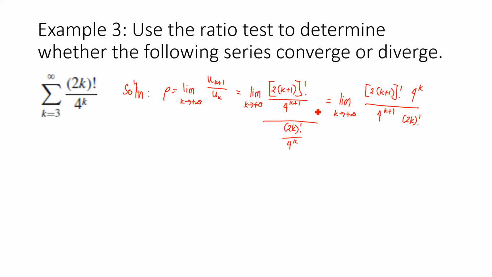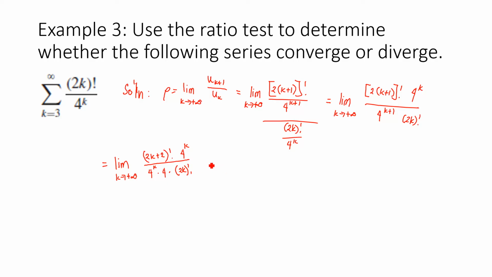So we can rewrite our limit as the limit of 2k plus 2 quantity factorial times 4 raised to k all over 4 raised to k times 4 times the quantity 2k factorial as k approaches positive infinity.